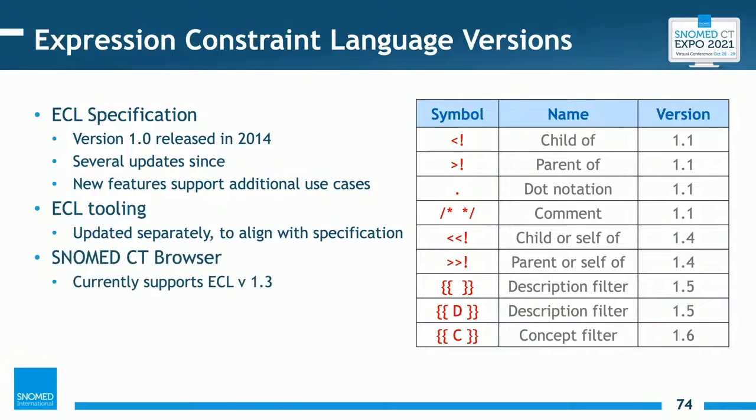For instance, the SNOMED International Browser ECL Queries tool implements the full set of ECL version 1.3 functions, but enhancements have been made to support filtering by term and module, and there are plans in the works to update the ECL functionality of the SNOMED International Browser to support features added in subsequent versions of the language.